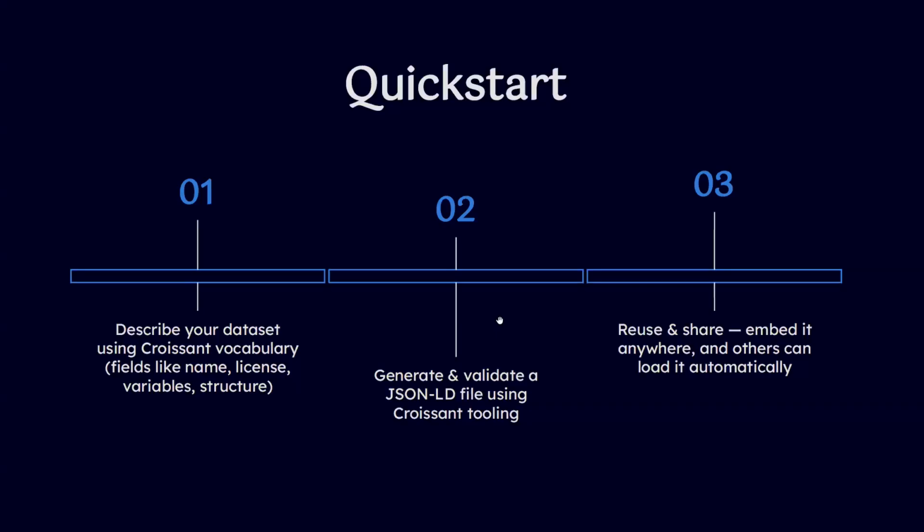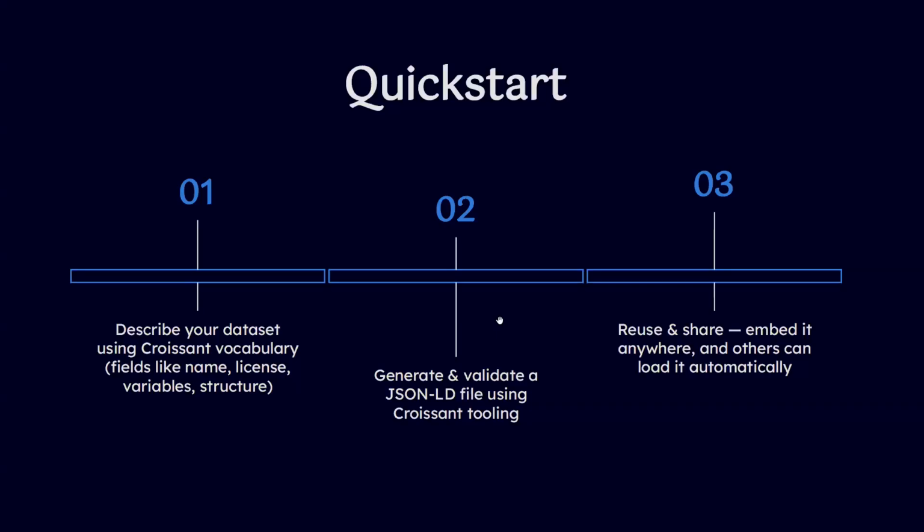I raised an issue for whatever I was struggling with, and we sort of sat together to understand how I could use it to create the JSON files for the first time. So yeah, you create the JSON file, you validate it, and then you basically have a list of JSON files that you can share.